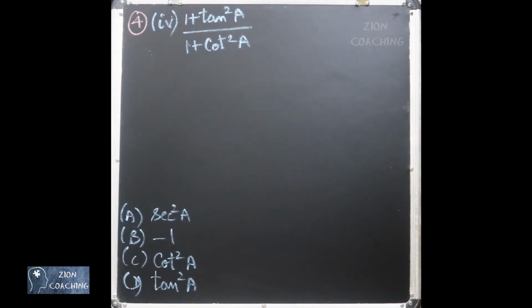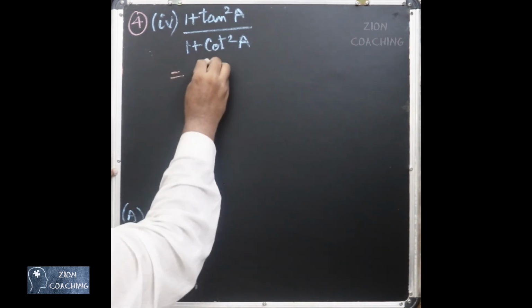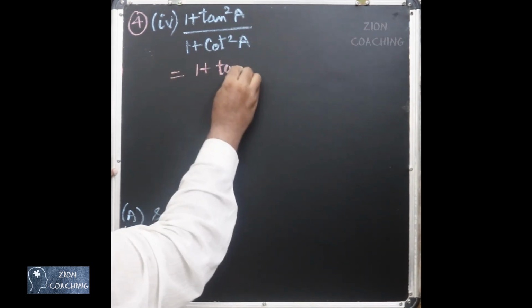Subdivision 4, they have given 1 plus tan squared A by 1 plus cot squared A. We will just keep 1 plus tan squared A as it is.